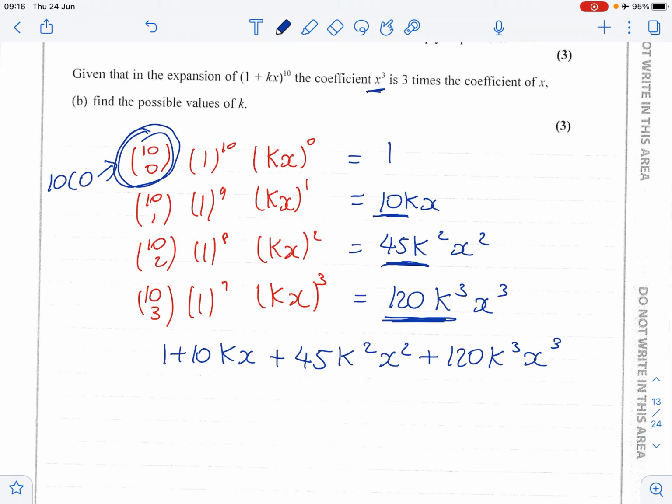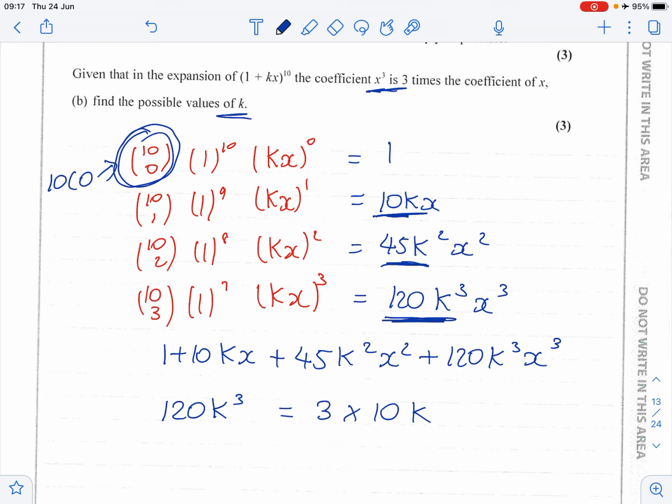So we're told that the coefficient of x cubed, which is 120k cubed, is 3 times the coefficient of x term. Our x term is this term here. It equals 3 lots of this term.